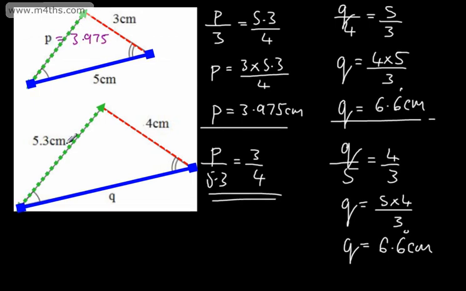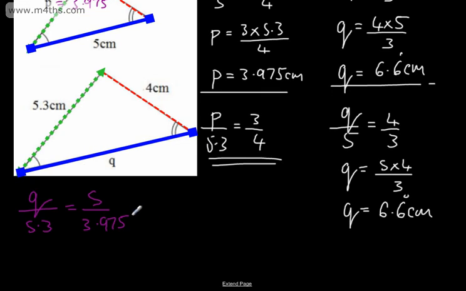So if you wanted to, if you're in some kind of crazy mood, you could have said, well, actually, Q over 5.3 must be the same as 5 over the 3.975. So Q is going to be equal to 5 times by 5.3, we've just multiplied it, which is going to give me 26.5. 26.5 divided by 3.975.